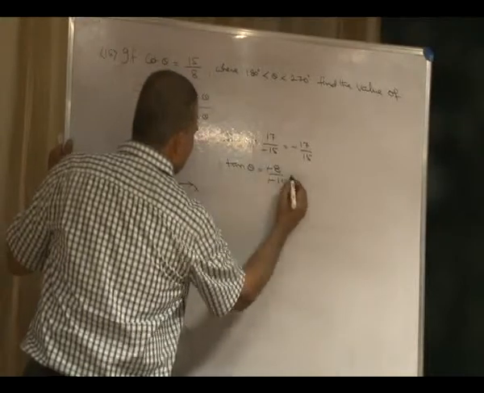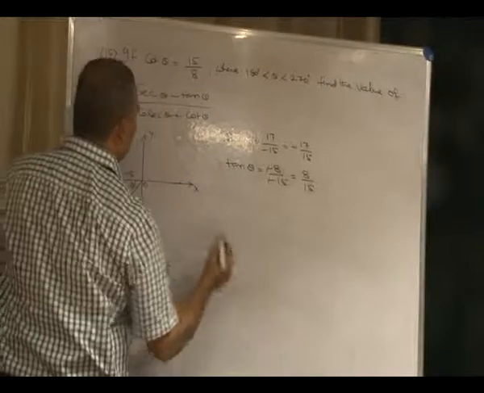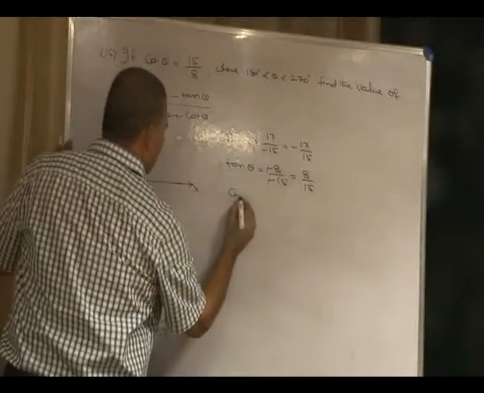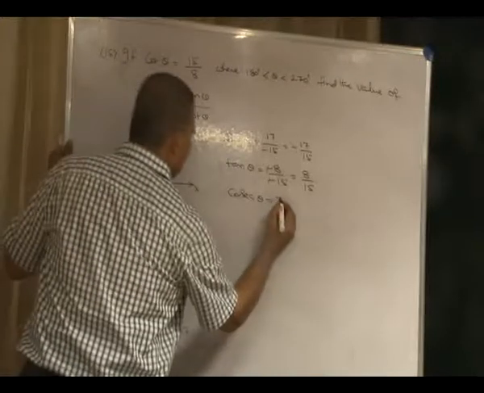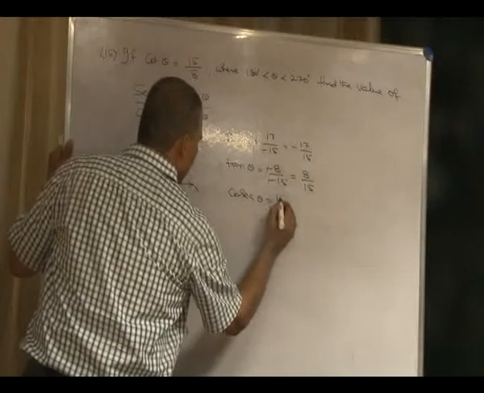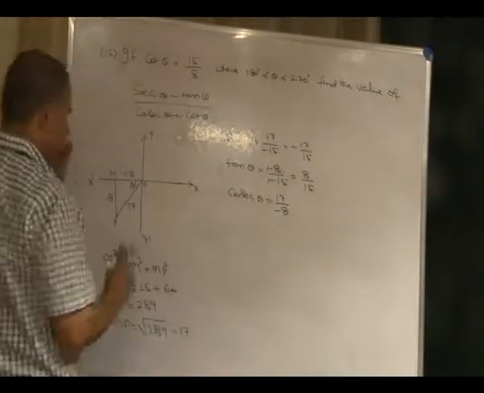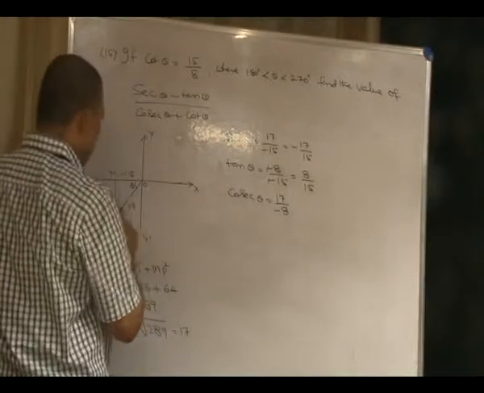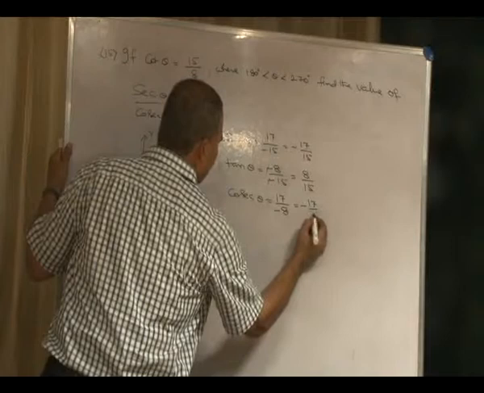Minus minus cancel, that is equal to 8 by 15. Next, cosecant theta. Cosecant theta equal to hypotenuse 17 by opposite side minus 8. 17 by minus 8 is equal to minus 17 by 8.